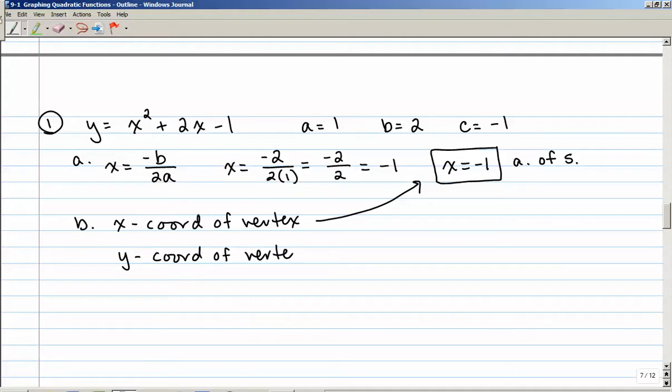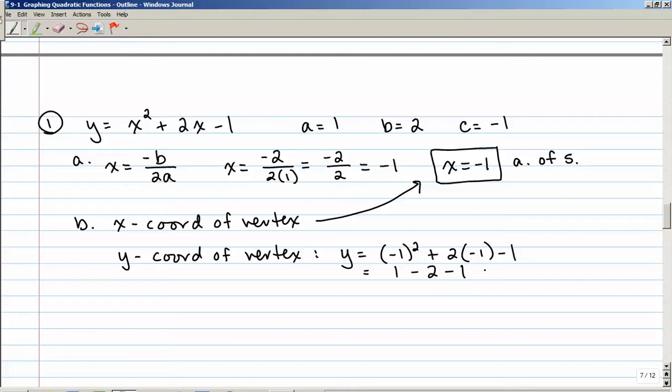So to find the y-coordinate of the vertex, I'm going to take my equation, y equals x squared plus 2x minus 1, and I'm going to plug in -1 for x. So y equals -1 squared plus 2 times -1 minus 1. -1 squared is 1, 2 times -1 is -2, and minus 1.